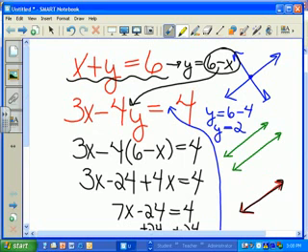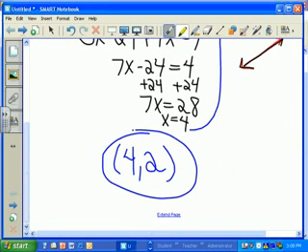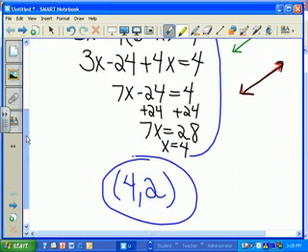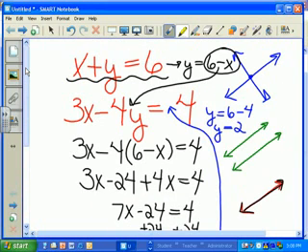And every solution must be written as an ordered pair, x comma y. So now we know that the answer is 4 comma 2. That is the point where these two lines would intersect. And we'd really be silly if we didn't plug that into our two equations and make sure that x is 4, y is 2 solved them.